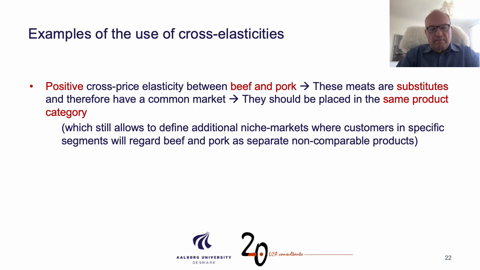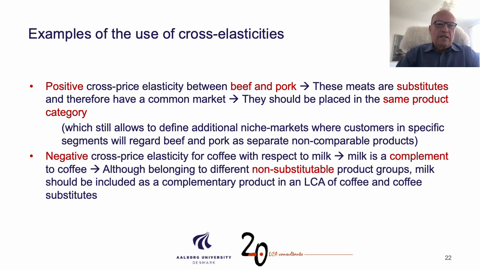That, of course, doesn't mean that there might not exist customers in a niche market that would still only look separately at beef or pork and regard those as non-comparable. This might actually be more and more the case as people get more and more aware of the large environmental difference between those two products.